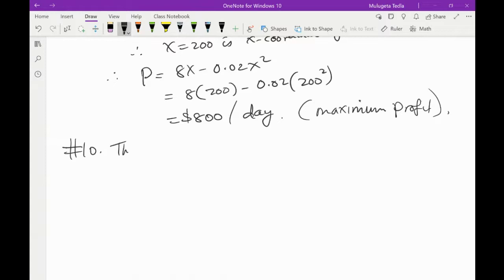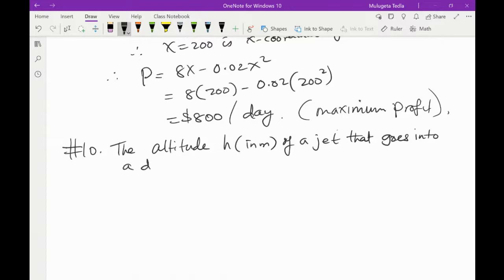The altitude h in meters of a jet that goes into a dive, then again turns upward.